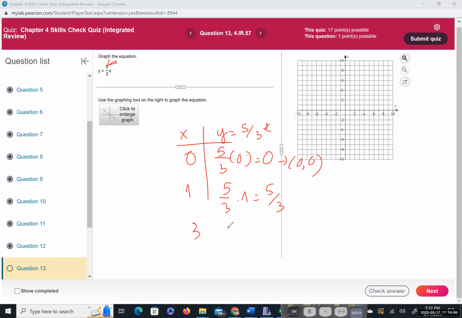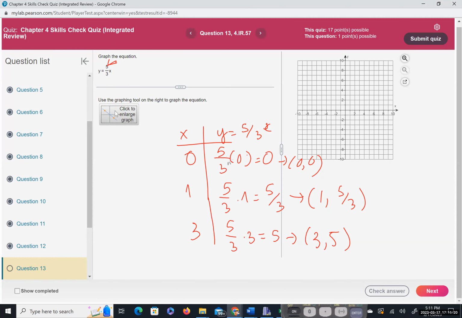So I'm going to choose 3. And I get 5/3 times 3, which equals 5. So you're going to have 3, 5 as the second point. For x equals 1, this one is going to have 1, 5/3. I can choose 0, 0 and 3, 5 here, which is going to be the best.